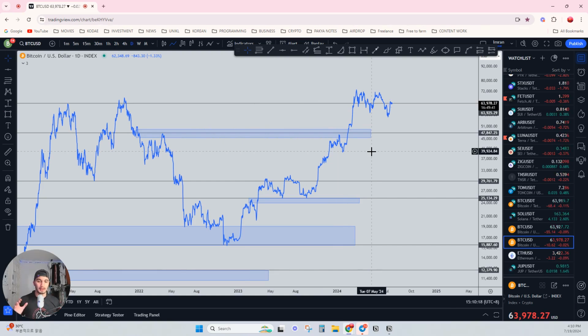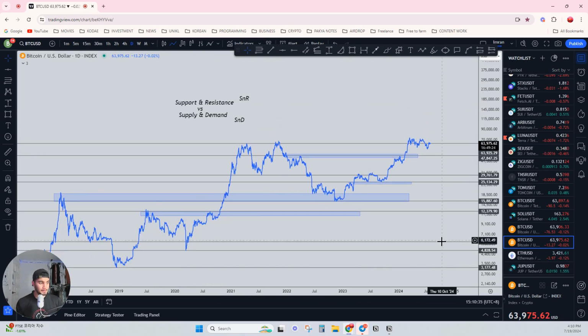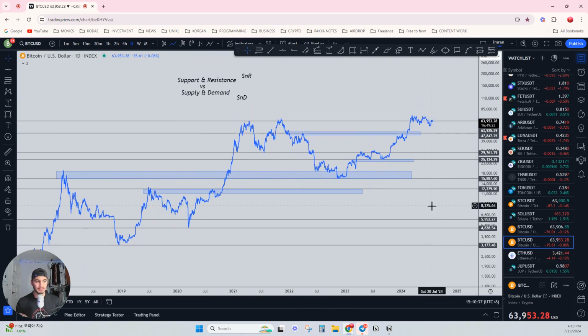We know nothing about the market, so we just look at the similar level in those areas. That's what we call zones, where price might react within the support and resistance.